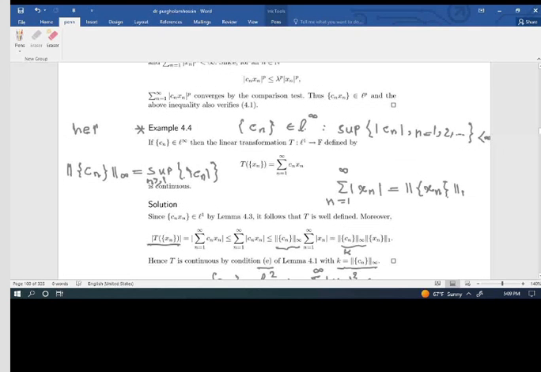Another example, let c_n be in L infinity, the linear transformation T from L1 to F defined by T of x_n equals the series of c_n x_n, n from 1 to infinity.